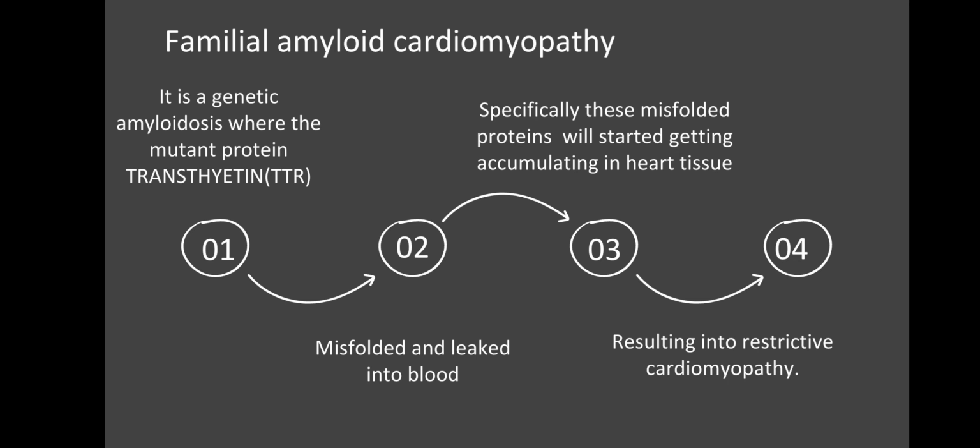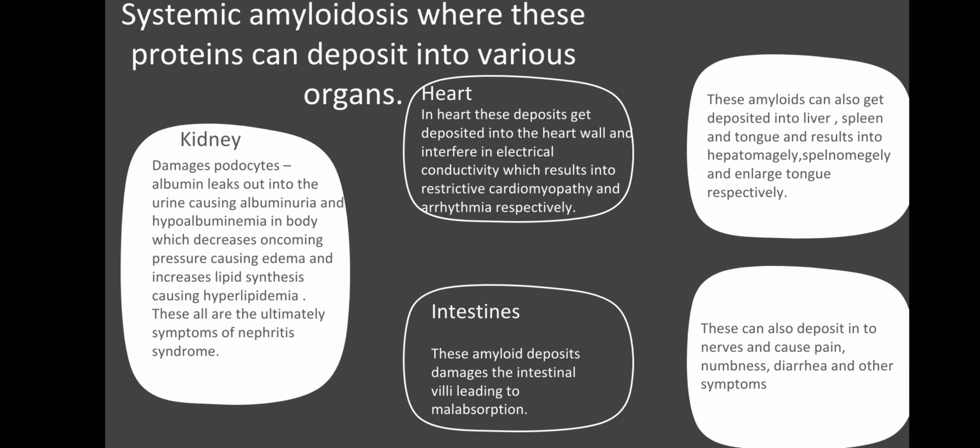Let's go to the next topic, which is systemic amyloidosis, where these amyloid proteins can deposit into various organs. So, first one is the kidney. What happens in the kidney? These amyloid proteins go to the podocytes and damage them.